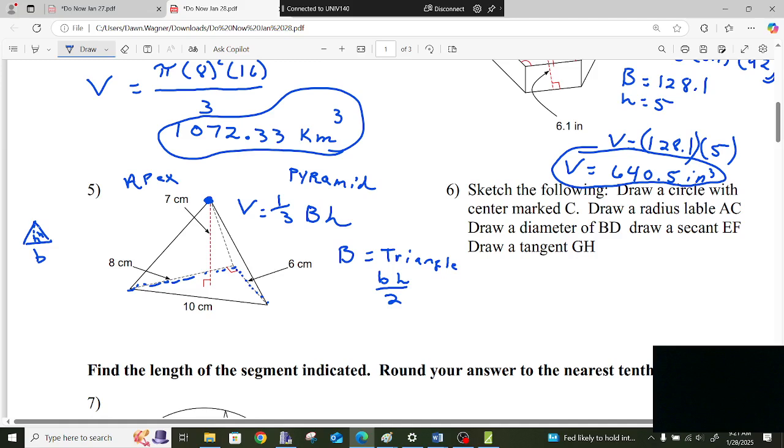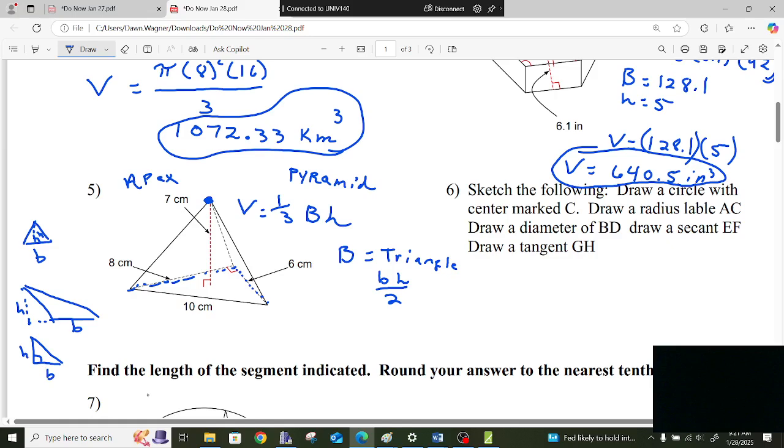If the height would be in the center. If it was an obtuse triangle, you would draw a height here and it's connected to the base. So this would be height and this would be base, right? On a right triangle, it's your legs that are your height and base. And it doesn't matter which one you call height and which one you call base because I can turn it, right? So I'm going to call this height and this base.